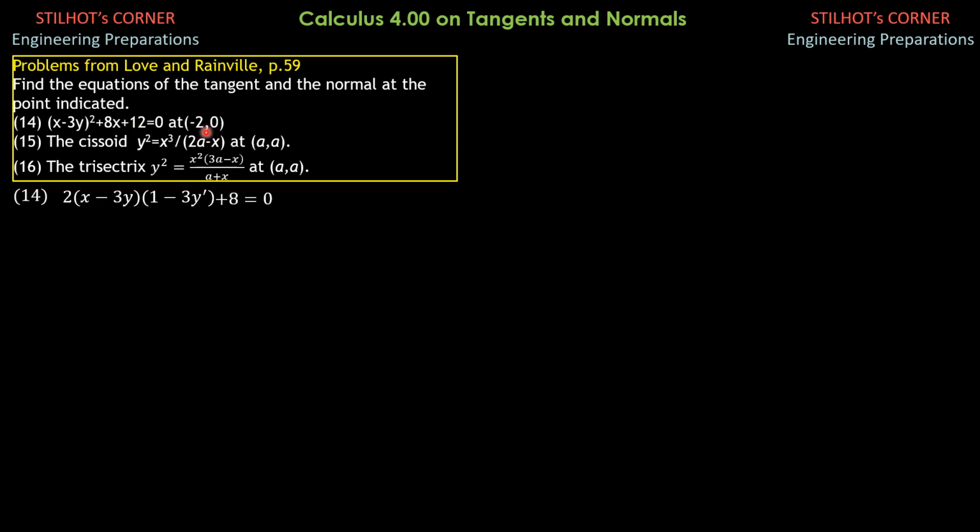Replacing x by -2 and y by 0, and y' by m, the slope of the tangent, we have 2(-2 - 0)(1 - 3m) + 8 = 0.